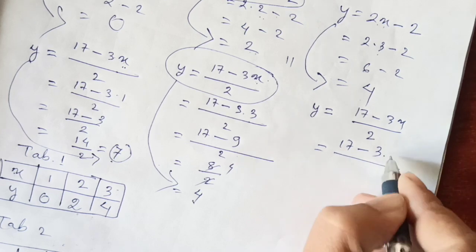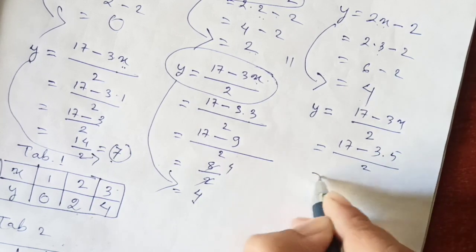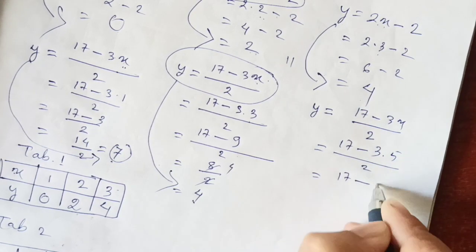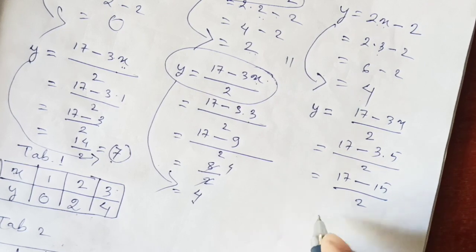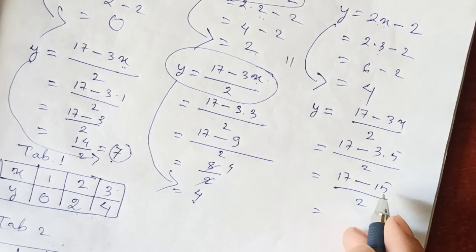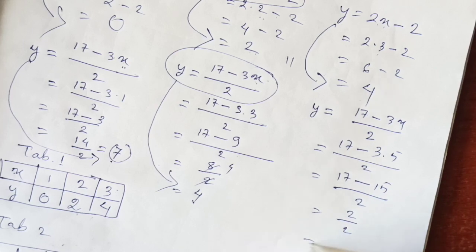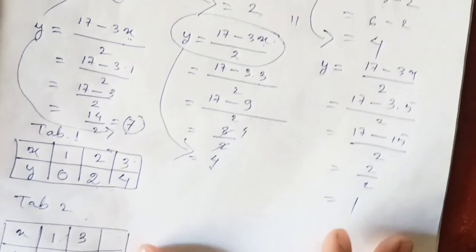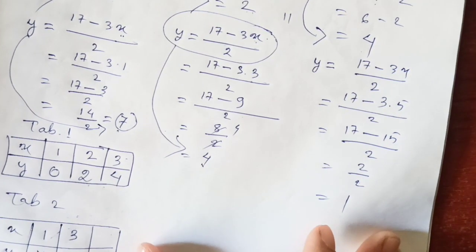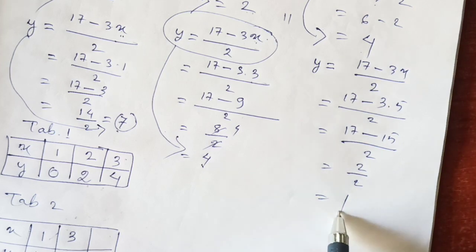An odd number cannot be divided by 2, so we cannot take that one. So then what about 5? Okay, let us take 5. 3 fives are 15. Okay, 17 minus 15 is 2. So the answer is 2. You know that if 2 is divided by 2, we get 1. Okay, now we can use this one.